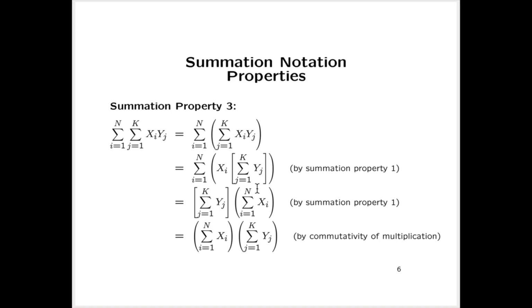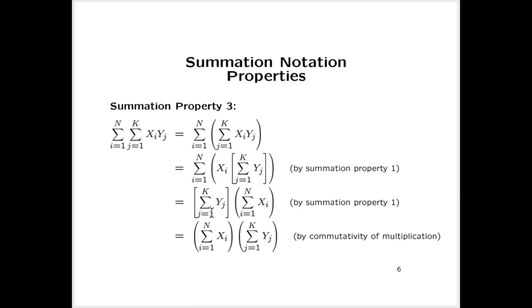Notice that the sum of the y sub j, where j is going from 1 to k, does not depend on i, the index of summation of the outer summation. And so again, by summation property 1, because that summation does not depend on i, we can pull it out front of the outer summation.